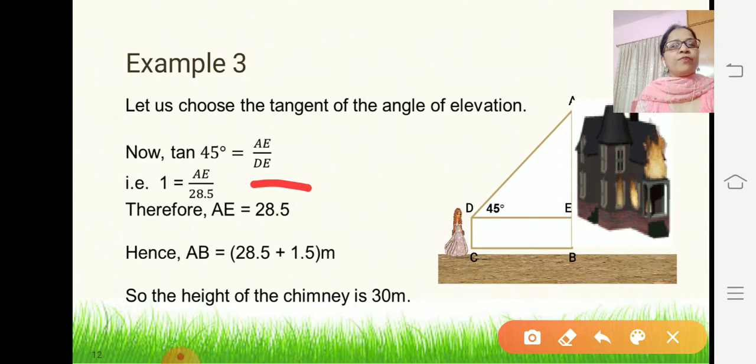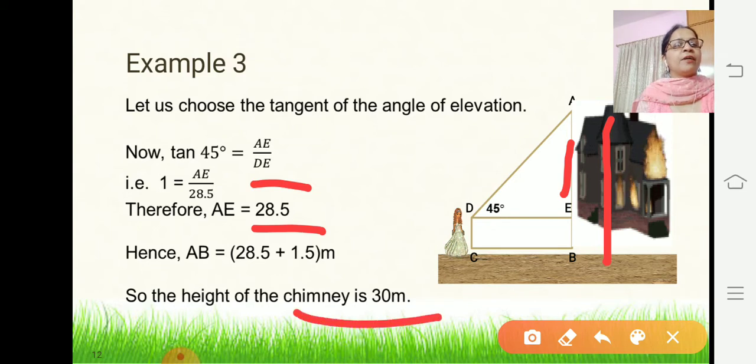Value of tan 45 is 1. Therefore, AE is also equal to 28.5. The height of the tower is not AE, it is AB. So you will add the height of the girl, which is 1.5 meter. So the height of the chimney will become 30 meter.